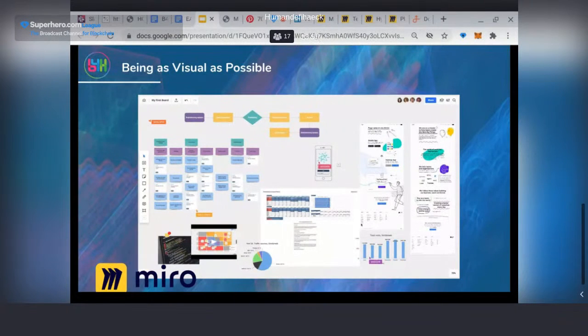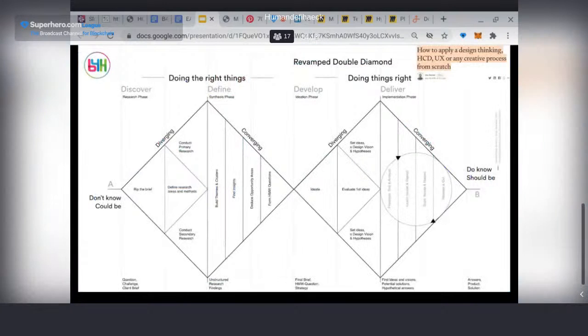But Miro is, at least, my recommendation, because it's just a board in which you can keep things super visual, and the thinking process is based a lot on visual communication, so we are going to need these kinds of things.